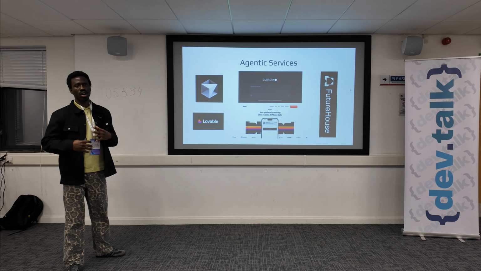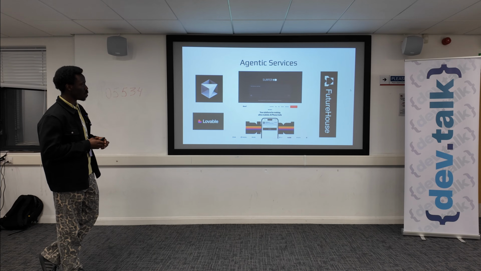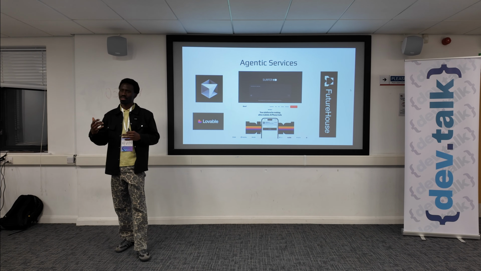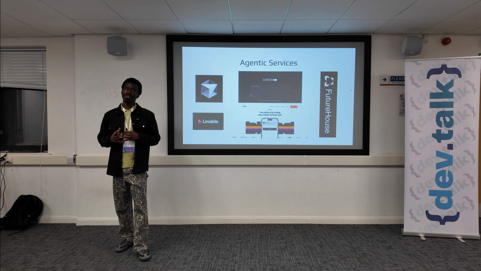Before Claude Cowork, this was what I was using to help me figure out things online. And then we have Bland AI, which helps you automate calls. If you want your agents to call someone, retrieve all that information from the person, and save that in a database, you can use something like Bland AI. And we have Future House as well.